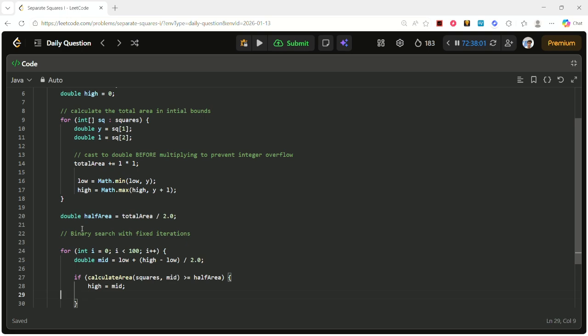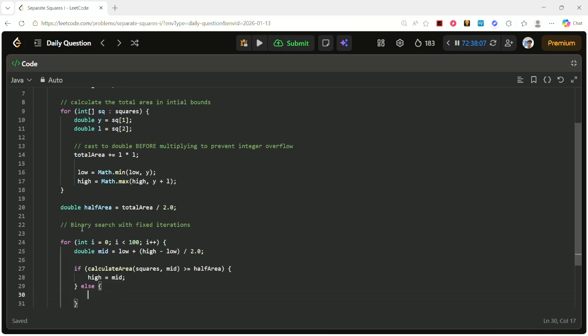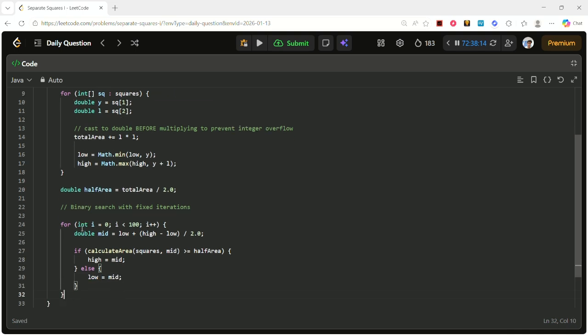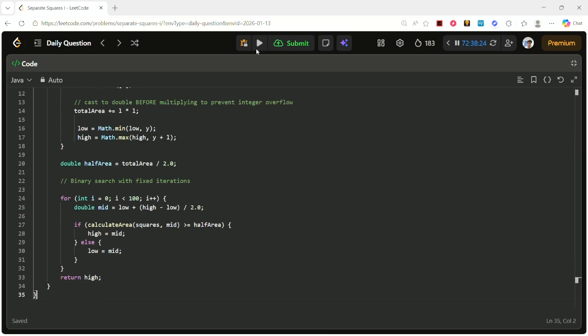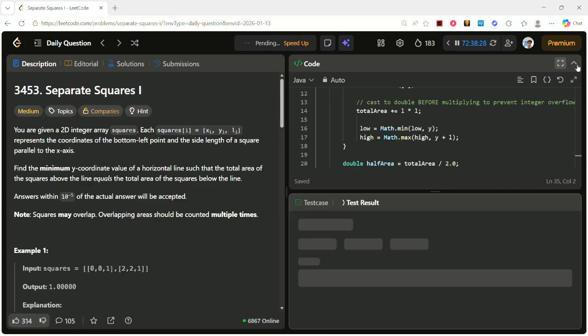So high is equal to mid, and we move the search downward. Else low is equal to mid, since if the area is too small, the dividing line is too low, so move upward. Then the final answer: return high. It converges to the smallest y where the area is half, and this satisfies the problem condition.